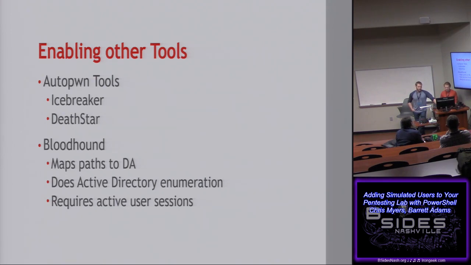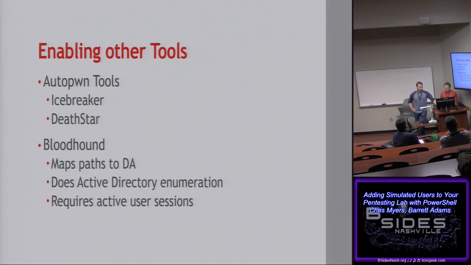You really need users in your lab environment and sessions running for these tools to work the way they're intended to. So by adding simulated users to your lab, you can check out these types of tools and see how they act before you use them on an actual engagement.